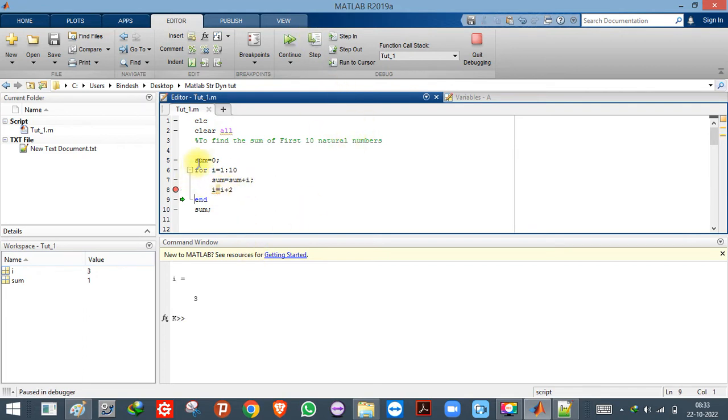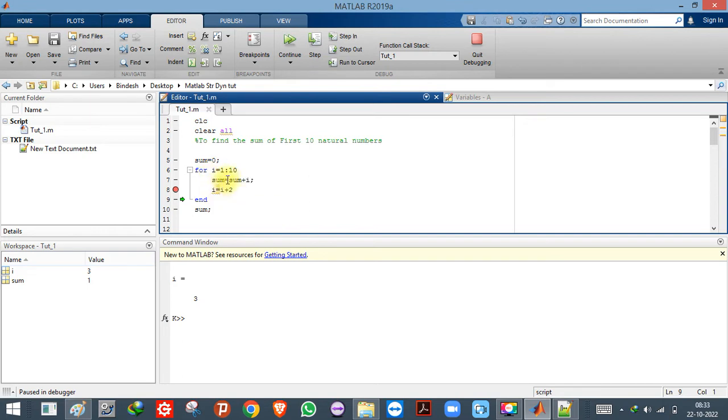Now see, here I is 1, but here this I will become 3. Why? Initially it was 1, next it has become 3.